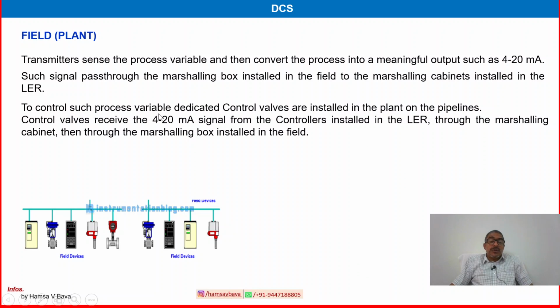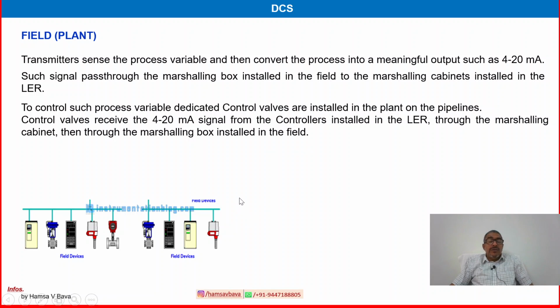To control such process variables, dedicated control valves are installed in the plant. So in the field there are control valves also. In the plant pipeline, control valves receive 4 to 20 milliamp signal from the controllers installed in the LER through the marshalling cabinet, then through the marshalling box installed in the field.